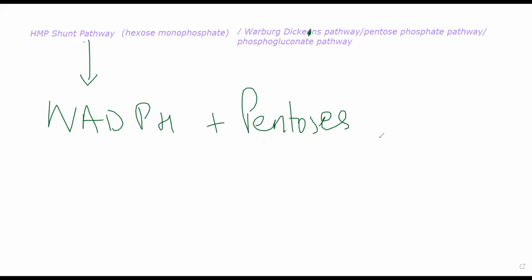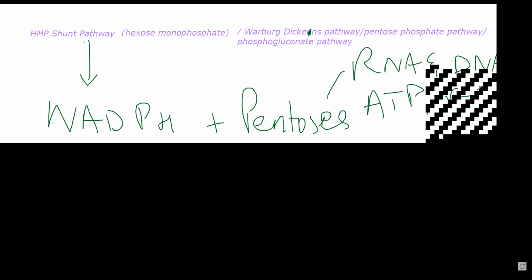Pentoses are required to synthesize nucleic acids, your RNA and DNA, and nucleotides like ATP, NAD (nicotinamide adenine dinucleotide), FAD (flavin adenine dinucleotide), or coenzyme A. ये पूरों में you will need pentoses. That is the importance of pentoses.